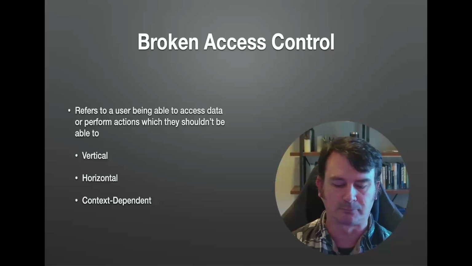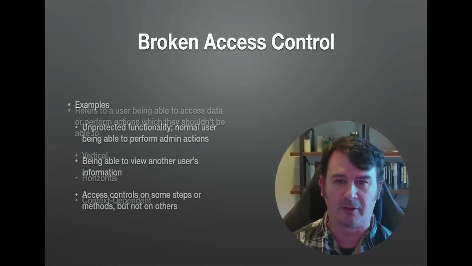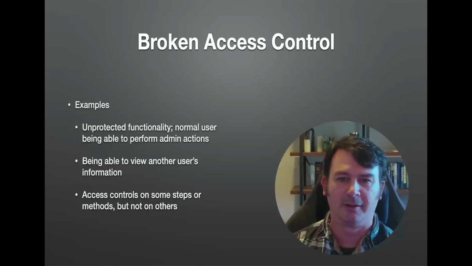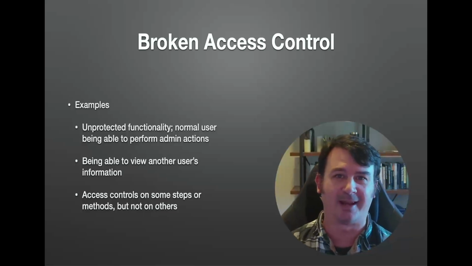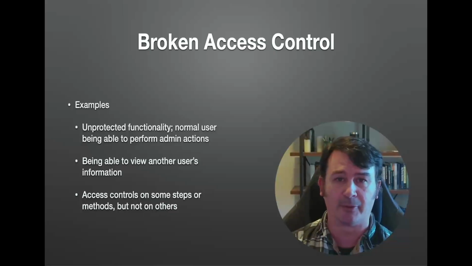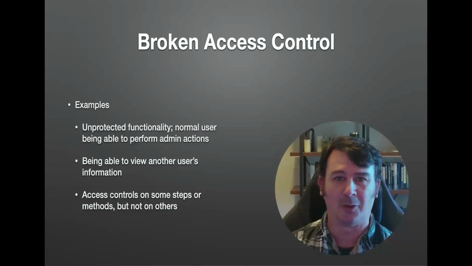A couple of examples here. I mentioned for vertical access control, you might have unprotected admin functionality, like if you are able to navigate to slash admin, or if there's no access control mechanism on a delete user functionality, you could have issues.